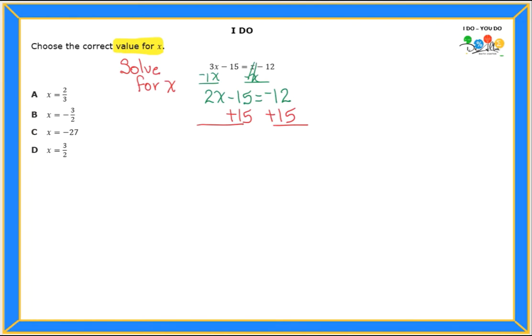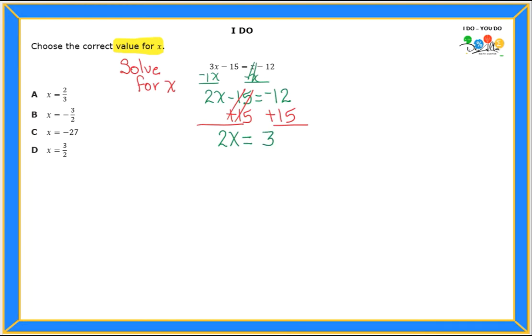Okay, notice how my equal sign is kind of like in the middle between my two sections. So make sure that you try to keep it like that so that you don't get confused. So my 15 is going to cancel on the left. And I am going to have only 2x equals, and now I add negative 12 plus 15, and I get a positive 3.